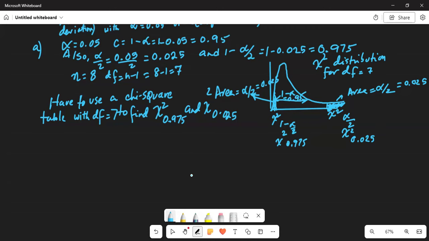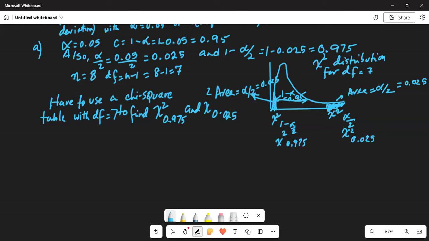Okay, so let's see if I have a table available. And this is the table I'm talking about. I will stick with the first column where the degrees of freedom is 7, and we need chi-square 0.975, which is 1.69.